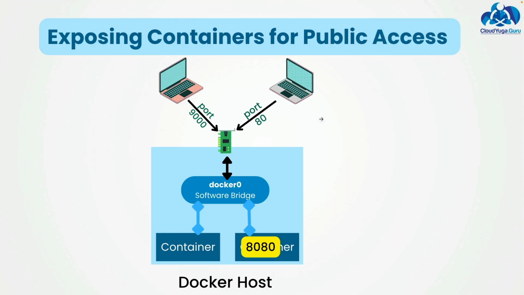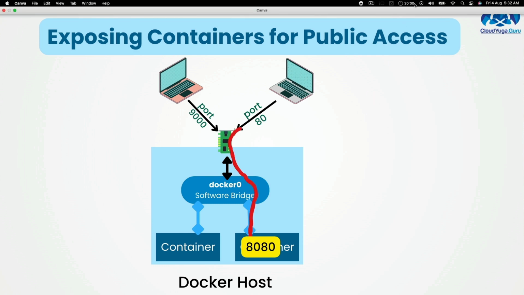To access the applications from the outside world, we have to do port mapping, in which we map a port on the host system with the port of the container. Like in this case, we are saying map port 80 of the host system with the container port of 8080 for the second container.